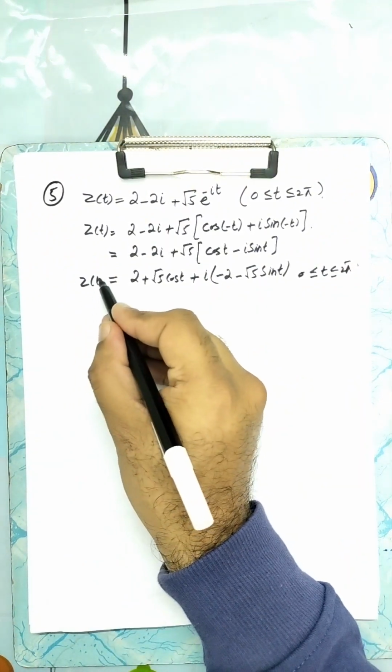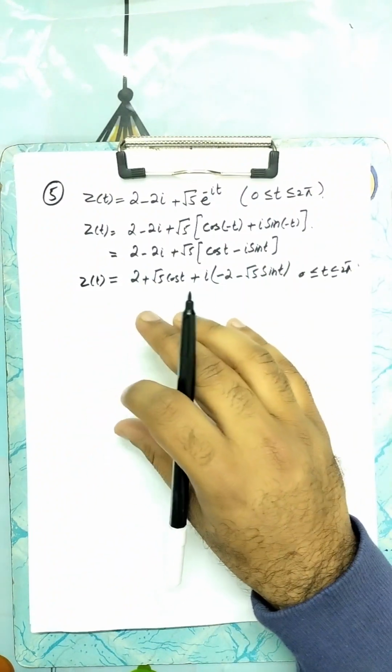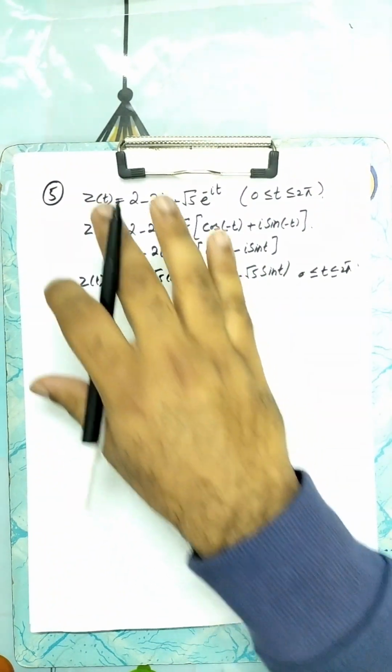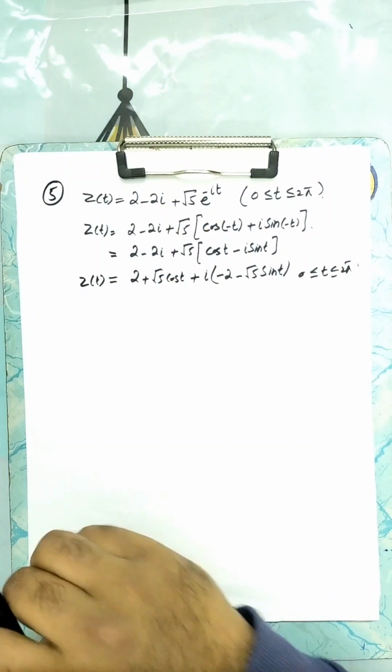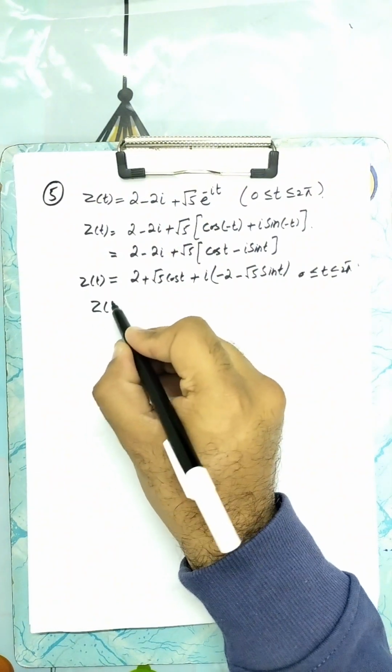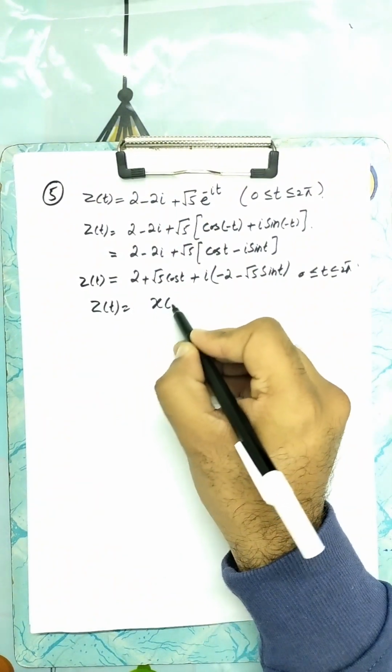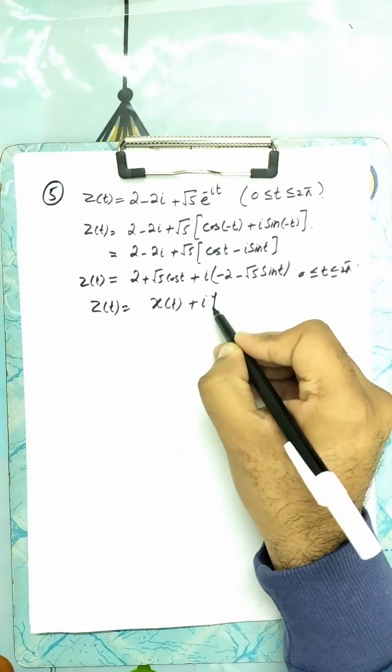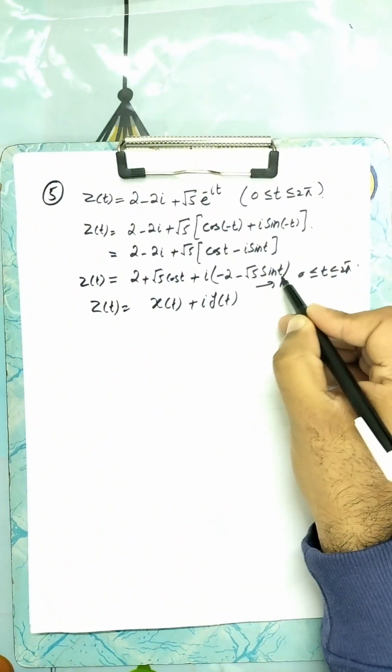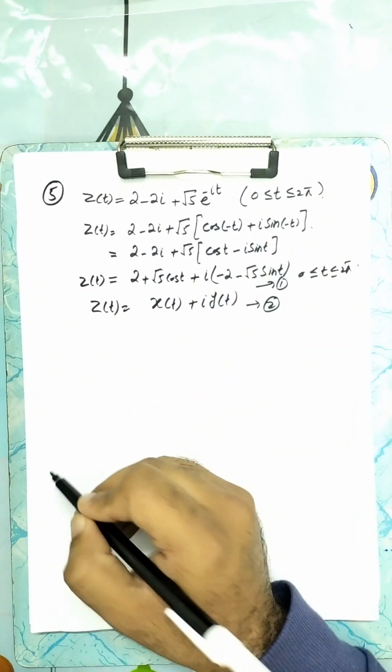So first we separate the real and imaginary part of our z of t. Now we know that z of t is equal to x of t plus iota y of t, and this is our equation 1, and this is our equation number 2.